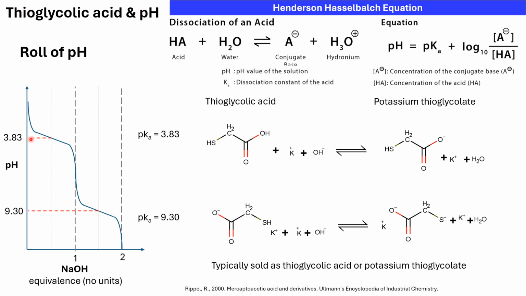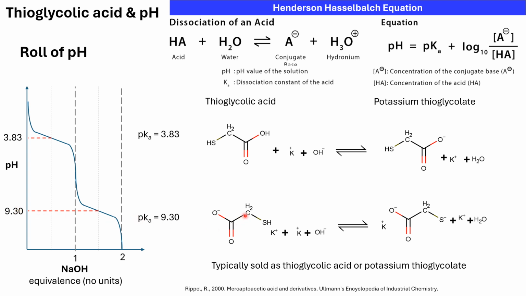So now we've got this pKa of 3.83. So what that means is we're seeing a really rapid change in pH for every unit of sodium hydroxide we add to that acid. To neutralize it, it suddenly goes very little change, and suddenly very rapid change, and then it goes back to a period of very gradual change, and we get our second ionization occurring with a pKa of about 9.3.